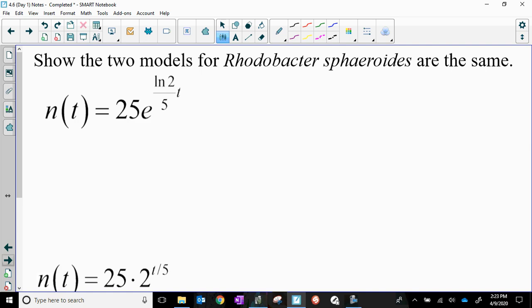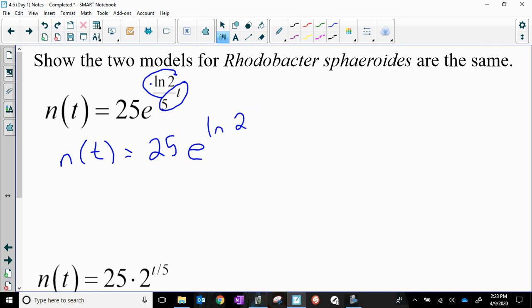Okay, so let's show that the two formulas we came up with are the same. Well, we have this t over 5 being multiplied to a logarithm. If something's being multiplied to a logarithm, it can pop up as a power. So N of t equals 25e raised to the natural log of 2 raised to the t over 5.